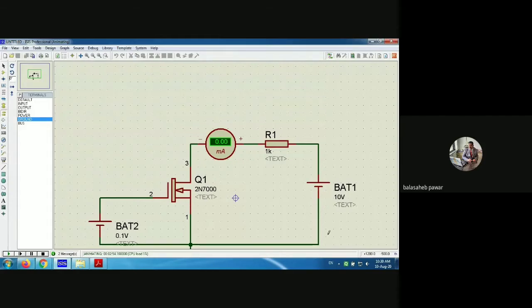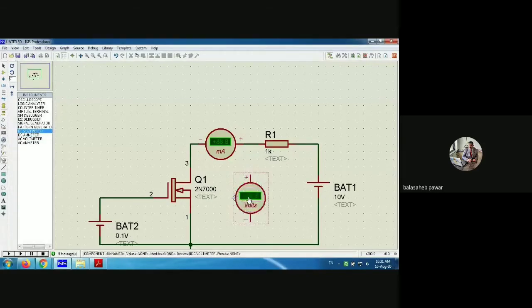This VDS, the voltage applied to the drain with respect to source, is nothing but this VDD. Or if you have to note it down by using a separate voltmeter across drain to source, you can do that also. Just connect this DC voltmeter at the drain terminal with respect to the source of this transistor.